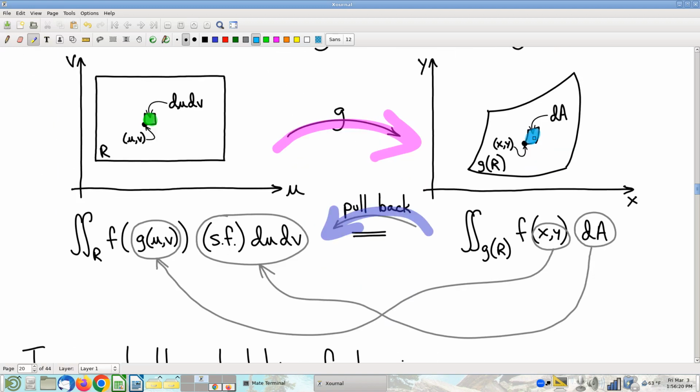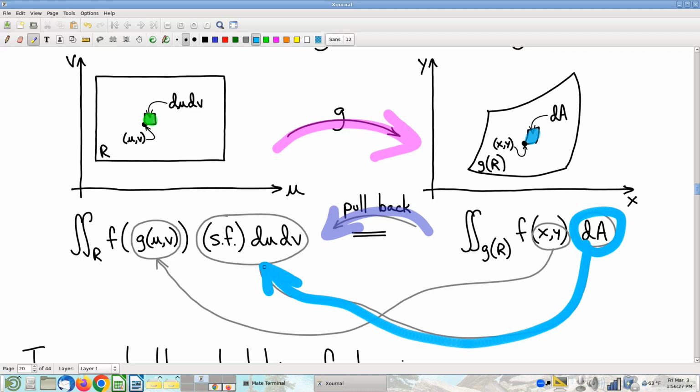And so again, if I am going to rewrite everything in terms of u's and v's, I need to know by what factor I multiply the green input area differential, du dv. By what factor does that get stretched out? How much bigger is the output area than the input area?